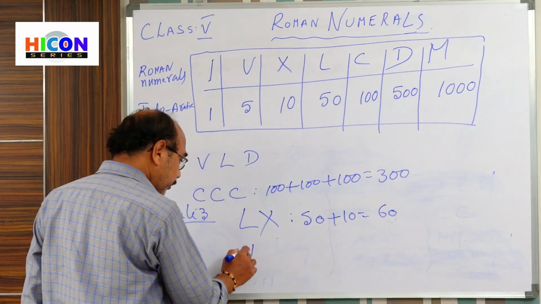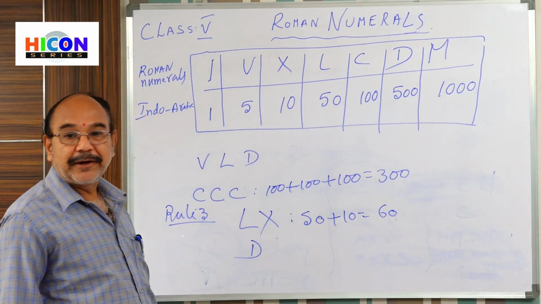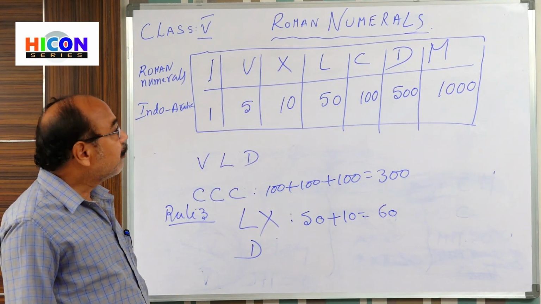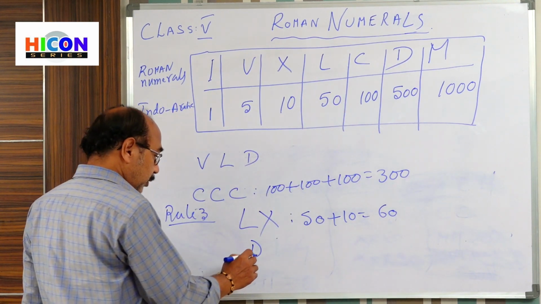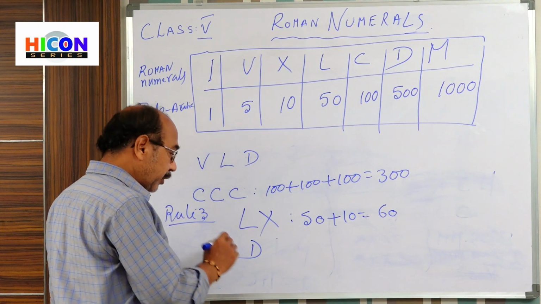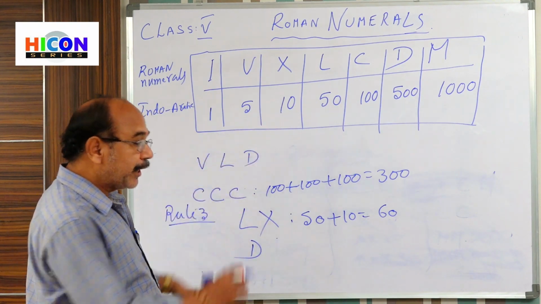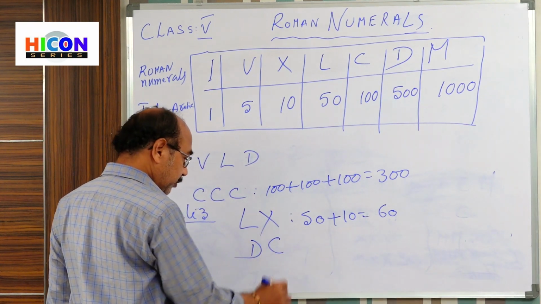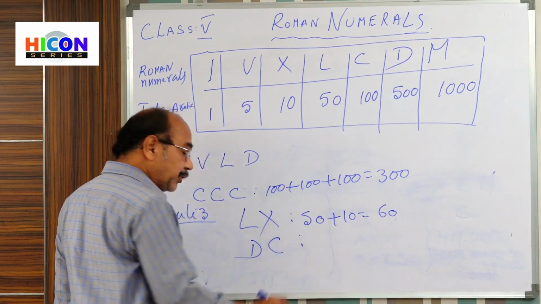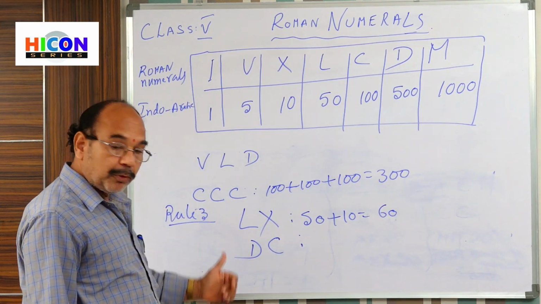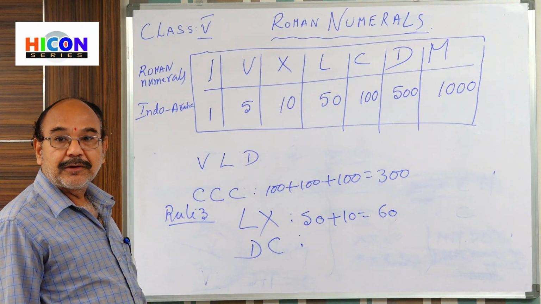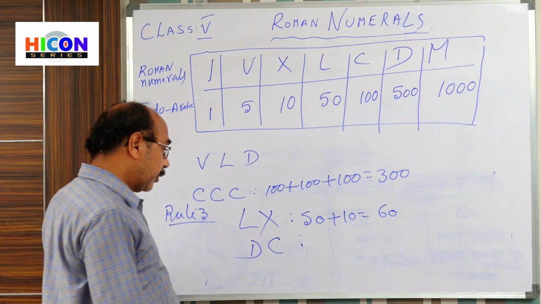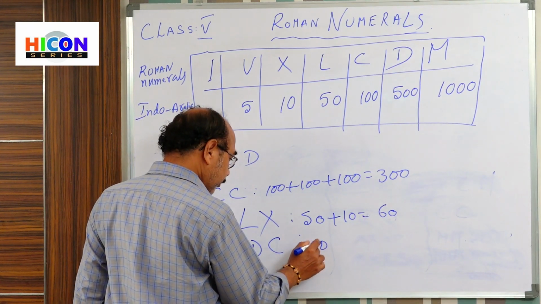Like this, you take each one. Suppose I am taking D. D is for 500. Now take a smaller one, C. C is the smaller one, D is the bigger one. Now write C to the right side of D. Then DC is a Roman numeral. Now we write it in the Indo-Arabic system. That means 500.